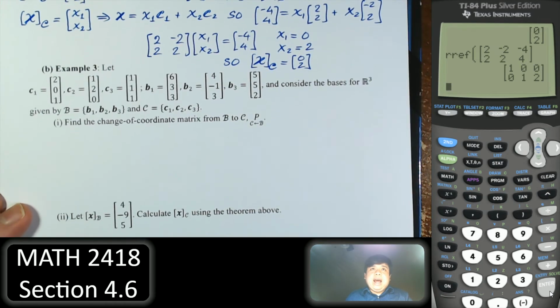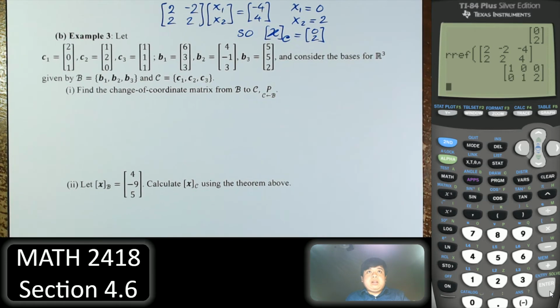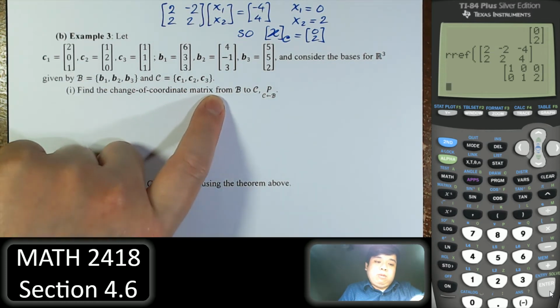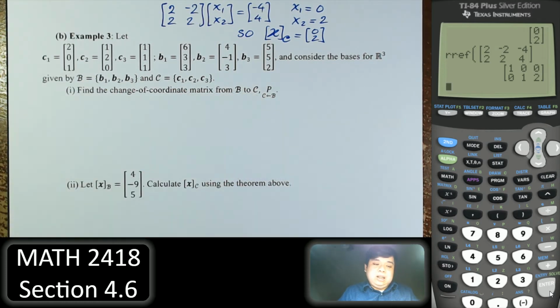Right, now we do the same thing, but this time for vectors in R3. Now find the change of basis matrix, the change of coordinates from B to C. So B on the right, C on the left. We go backward, from right to left.